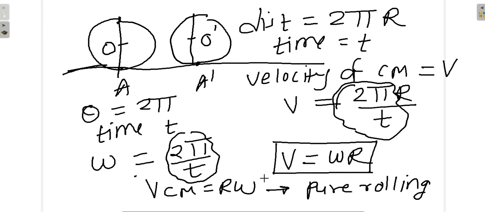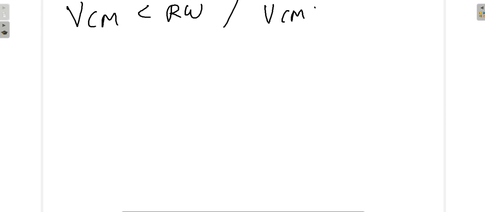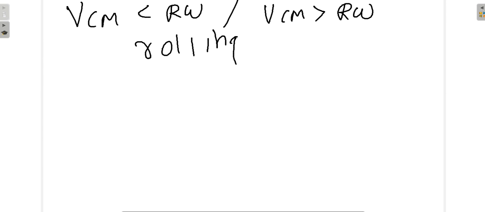So for pure rolling, the velocity of center of mass must be equal to r omega. If it is less than r omega, or greater than r omega, we will have rolling as well as slipping, both simultaneously.